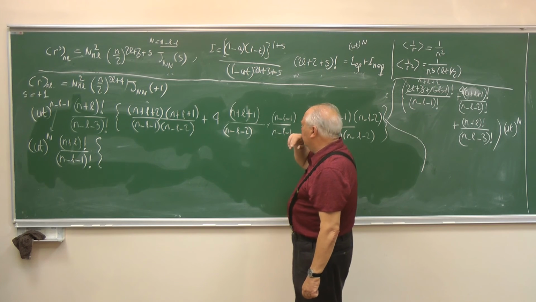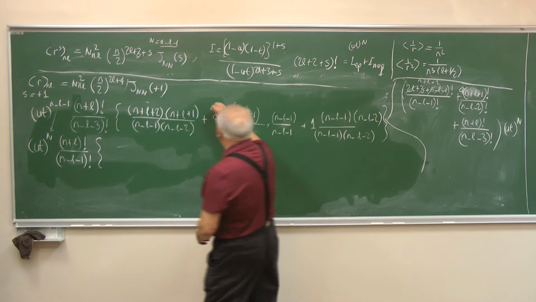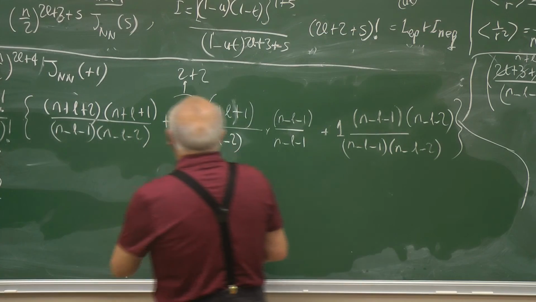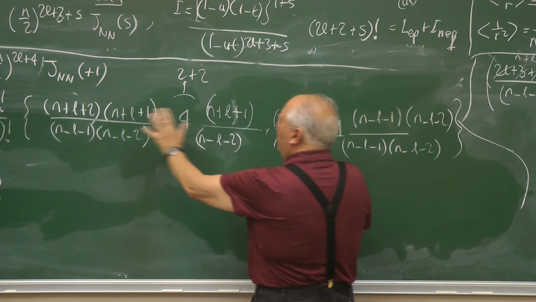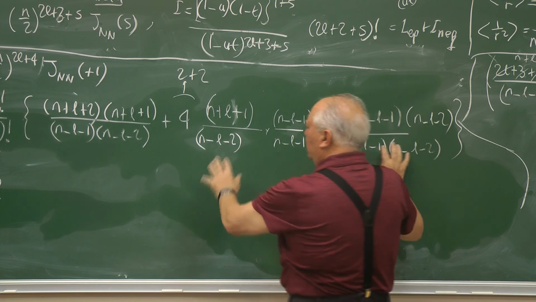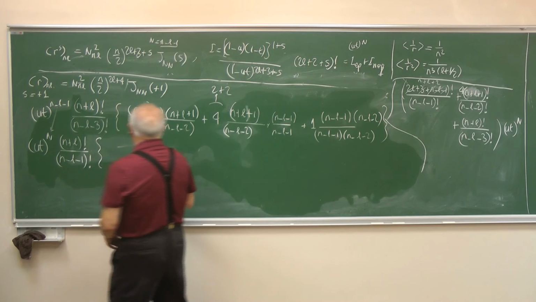But another way, could there be some symmetry? Let's write this thing as 2 plus 2, and 2 of these terms, let's combine with that. The denominator is out. I'm only working with the numerator.